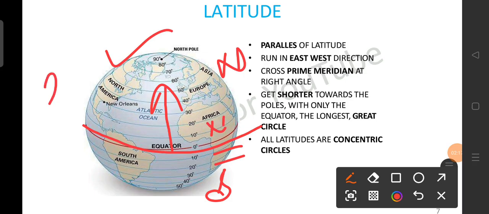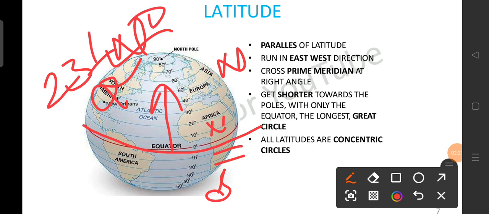As 23.5 degree north, it means Tropic of Cancer. Parallels of latitude run in the east-west direction. So this is east while this is west.